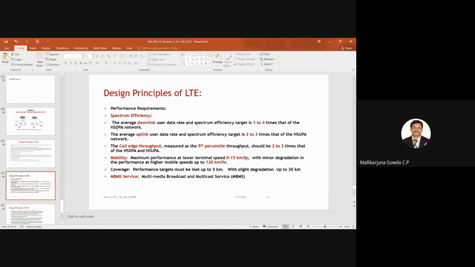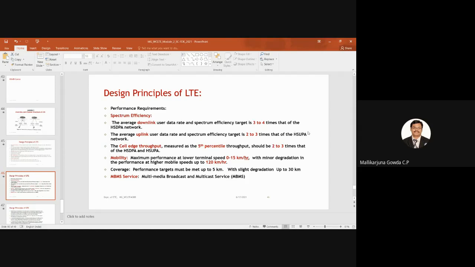High speed downlink packet access network. Okay, so whatever the data rate was provided by this HSDPA network, it should be 3 to 4 times that for this LTE. Similarly, the average uplink user data rate and spectrum efficiency target is 2 to 3 times that of the high-speed uplink packet access network.